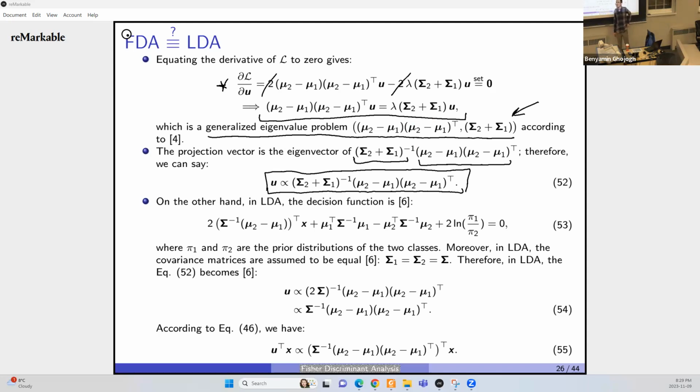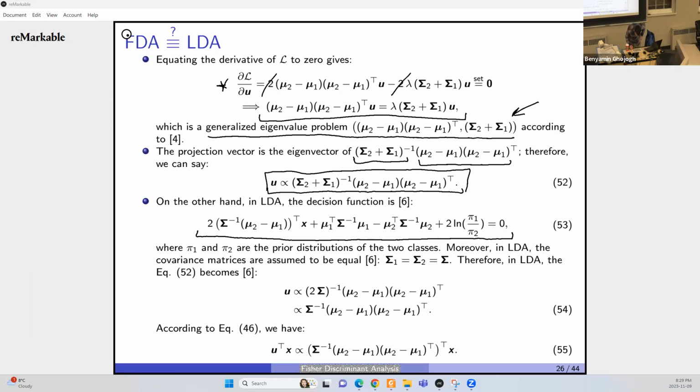On the other hand, interesting. Recall the LDA lecture. What was the decision boundary of LDA? I think you studied that for the midterm exam. Do you remember? It was equation 53. We talked about it in the LDA lecture.